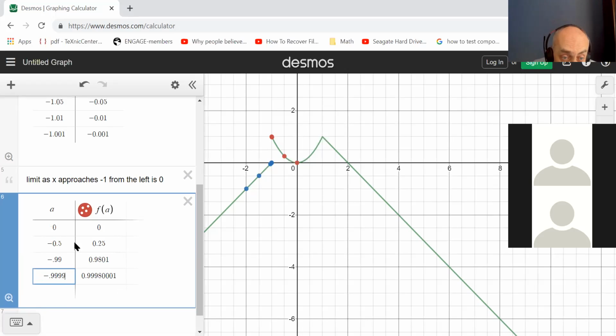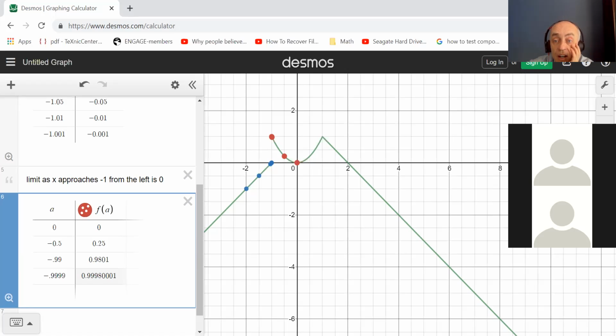But the thing is, and very good folks, everybody who answered, if we get closer and closer to -1 from the right side, my values here approach what number? My values on the right side, in the right column.